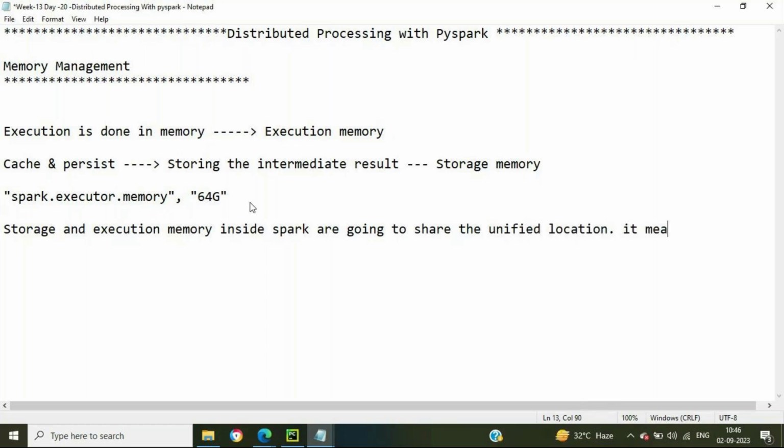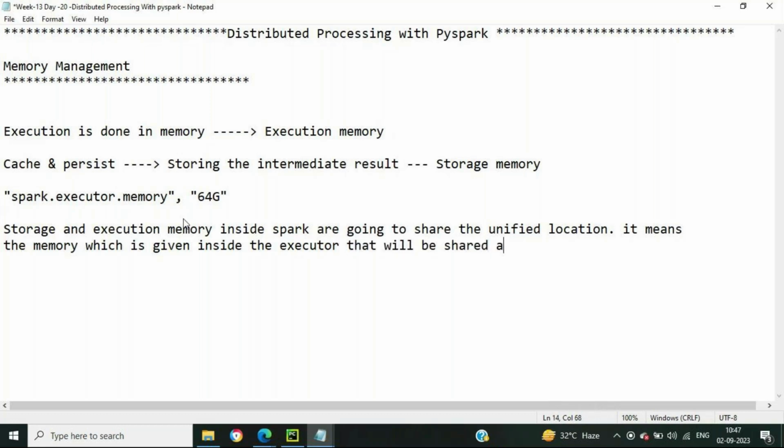It means the memory given inside the executor is shared among these two.